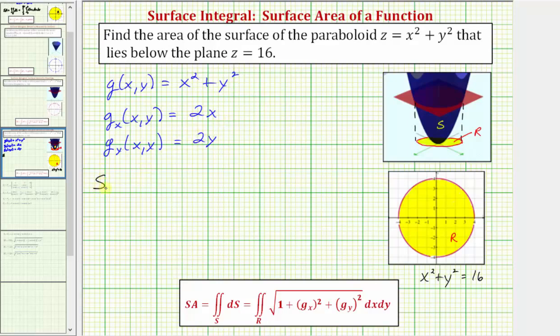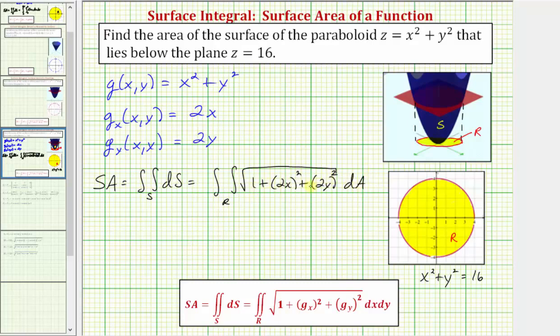So the surface area, which equals a double integral over the surface S differential S, is equal to the double integral over the region R in the xy plane of the square root of 1 plus the partial with respect to x squared, which would be 2x to the second, plus the partial with respect to y squared, which would be 2y squared, differential A.